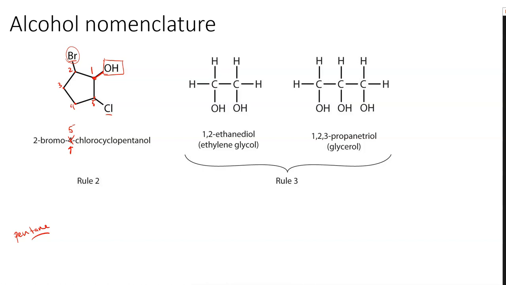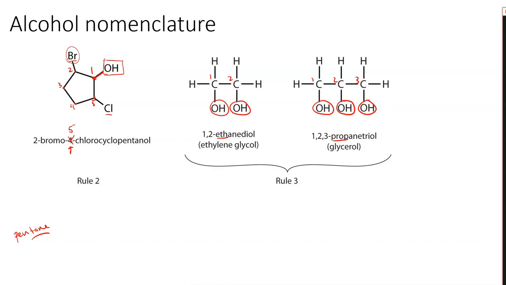When we're looking at these other two, what we have to notice is that we actually have 2 of the same functional group in one and 3 in the other. And so it doesn't matter in this instance which way we number it. We can just do 1 and 2. We can do 1, 2, and 3. And we're going to have that methyl ethyl group. So that's the ethane, that's kind of the backbone there. And then we have the prop from propanol for that second compound.